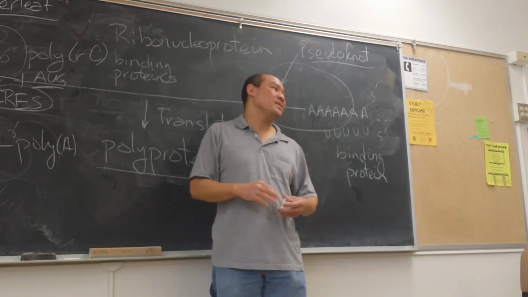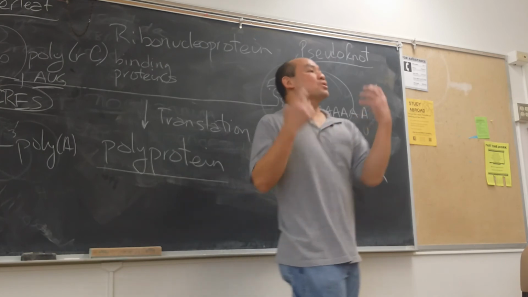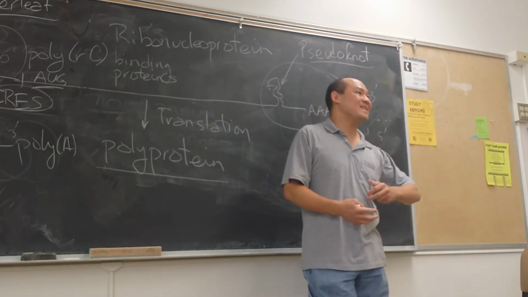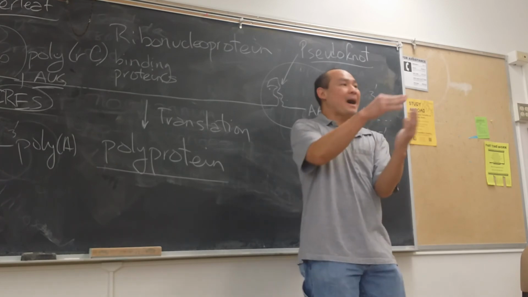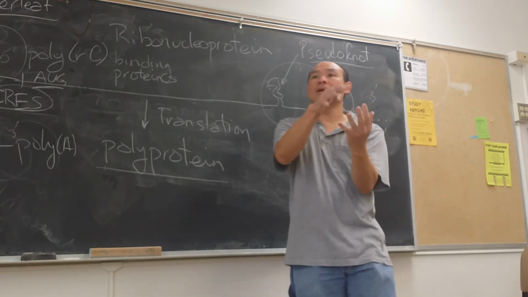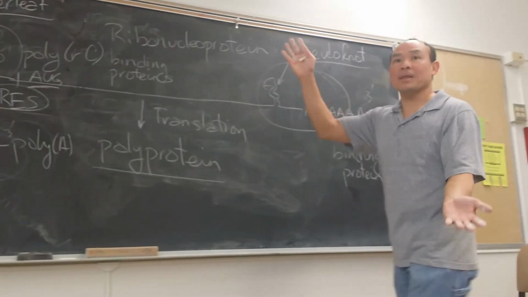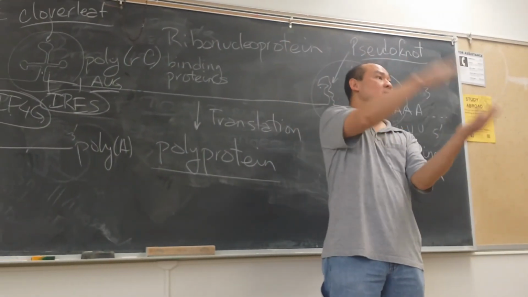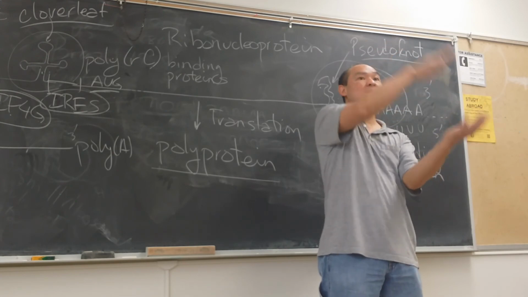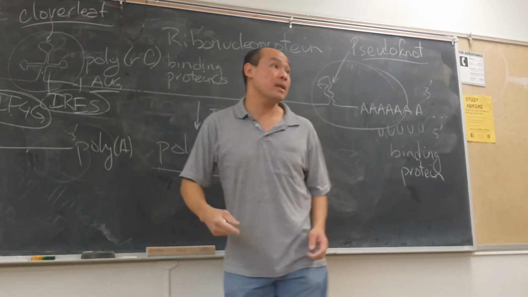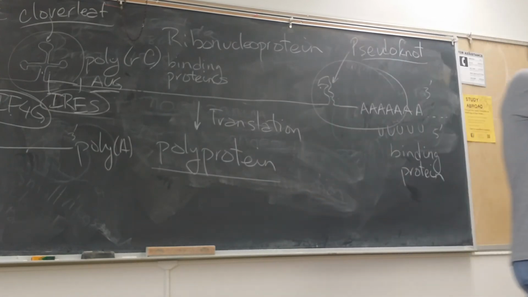And again, to imagine how this happens, I didn't mean to go into this much detail, but imagine the binding, no binding is permanent unless you have a covalent bond. So the 3' and 5' end does this, and then it comes in and out, comes in and out. The more poly-RC protein that is produced, that binds, the longer it stays here, and then it opens up and comes back again.